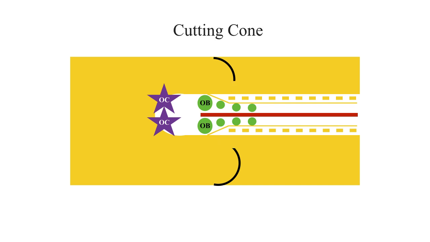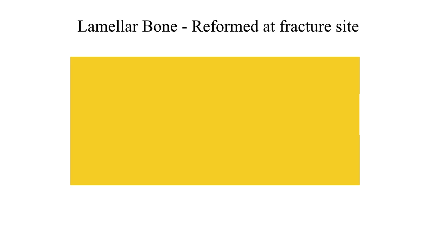When this process continues, the entire fracture gap heals and new lamellar bone is directly formed at the fracture site. There is no callus formation in this. So this is the mechanism of primary fracture healing, where lamellar bone forms directly by the cutting cone.